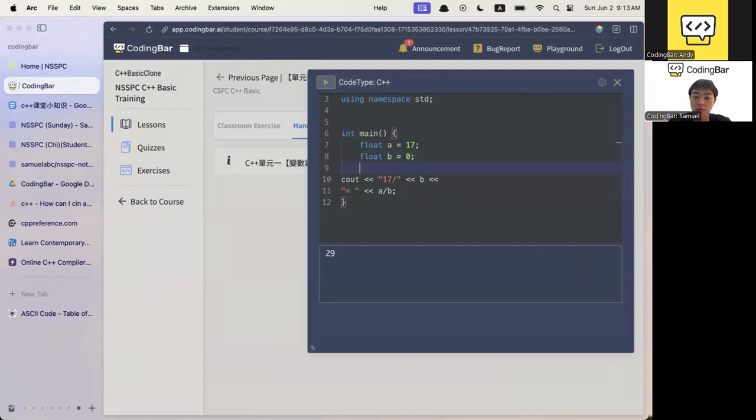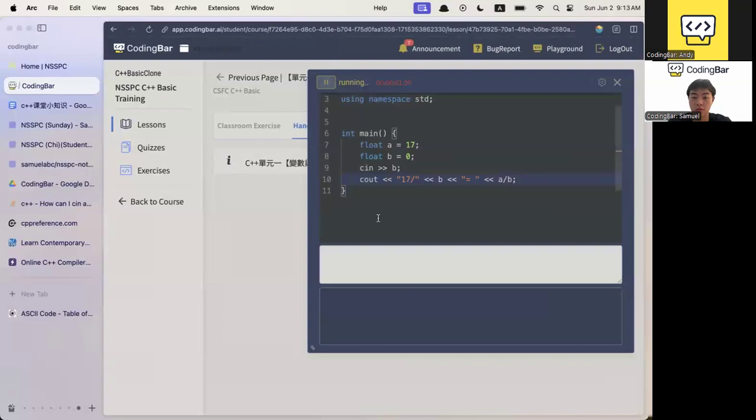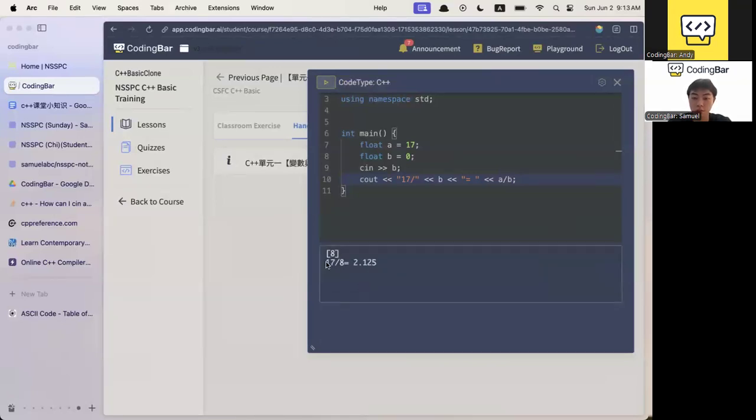And then we're going to input B, X, and then print it out. 17 divided by X is 2.125.